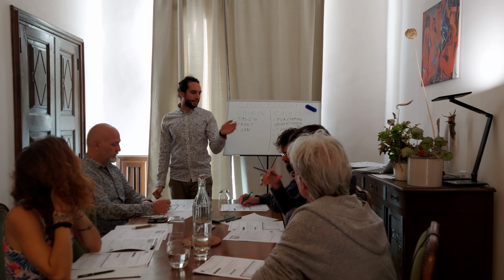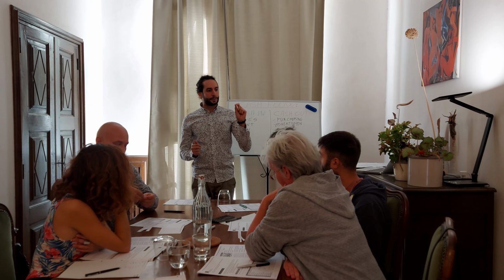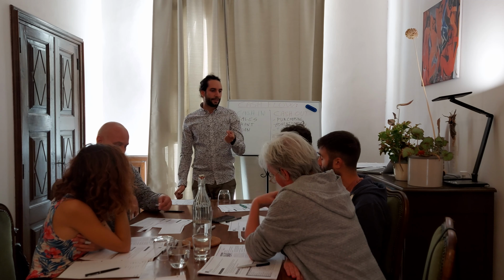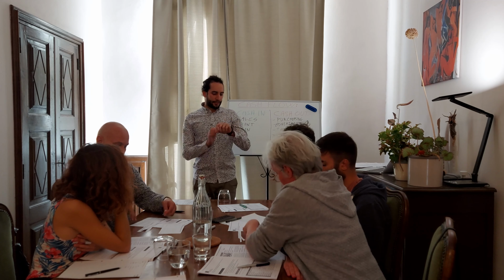Linda, Daniele and Marco will have the first 6 steps, while Isabella and Edward will have the last 6 steps. I would like you to connect these steps, step 1, step 2, with their proper description. I give you 5 minutes to do it, and then we can talk about it.